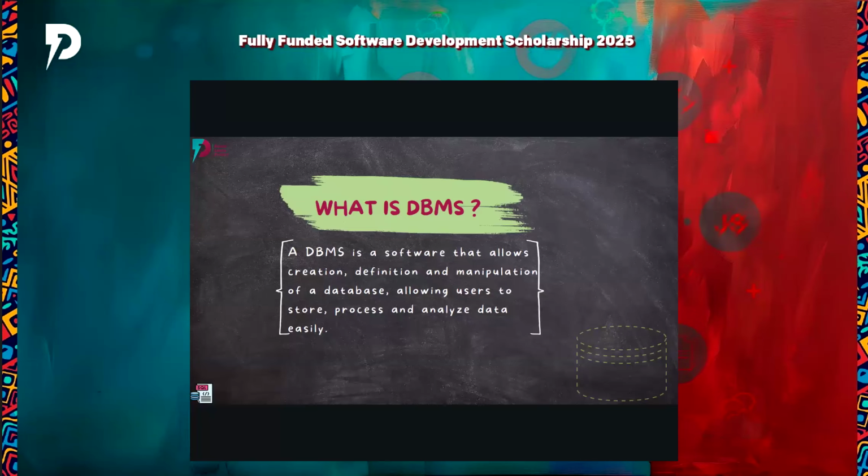It's just software. We say that the DBMS primary goal is to provide a way to store and retrieve database information that is both convenient and efficient. It comes from a combination of two words, database and management system. Remember, a database is simply a structured collection of what? Data.